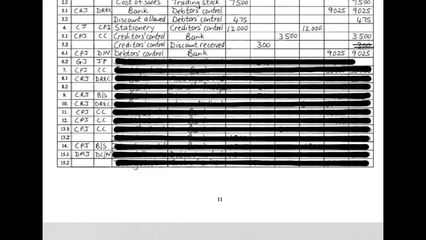So our debtors control increases with the discount amount of 475 Rand, and our discount allowed, which was an expense, now gets increased again. So our owner's equity increases because the discount was cancelled. Just also pay attention, the first entry would have been done in the CPJ, whereas the second entry would have been done in the general journal.